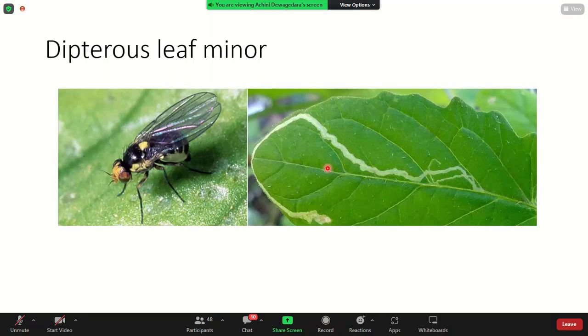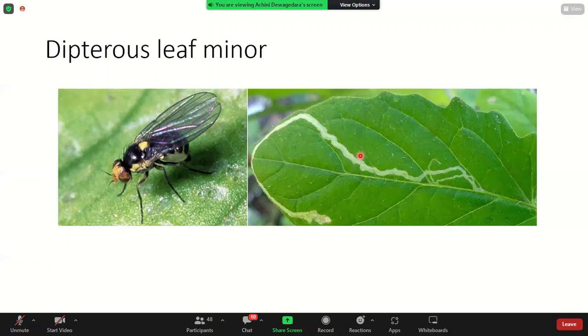This leaf minor is also, I think you all have seen this damage. The damage is done by the larvae here as well. So the adult will lay eggs near the epidermis of the leaves, and the larvae will dig holes and move, consuming the leaf tissues.